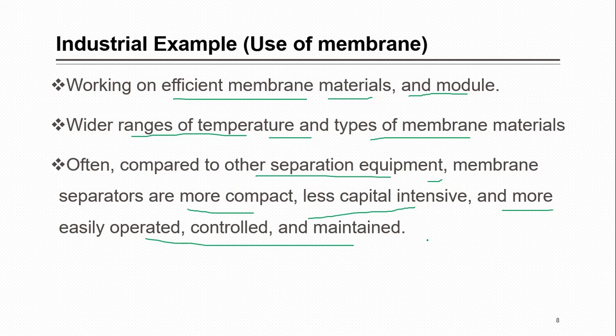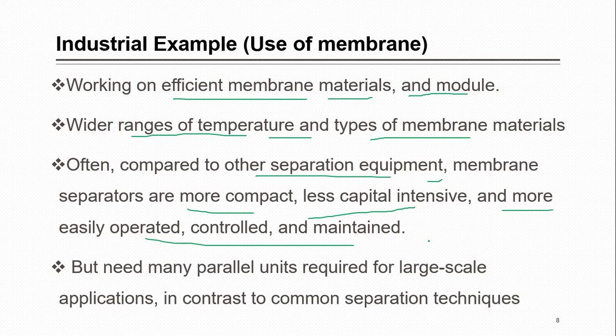as compared to other equipment. But they have one disadvantage, and that's the common disadvantage of membrane systems, and that's the need of parallel units. As I told you, we are using 4 parallel units inside the system which we have discussed just now. So why were we using those parallel units? When you have to handle large capacity, you go for parallel units. Membranes have this disadvantage as compared to other systems.